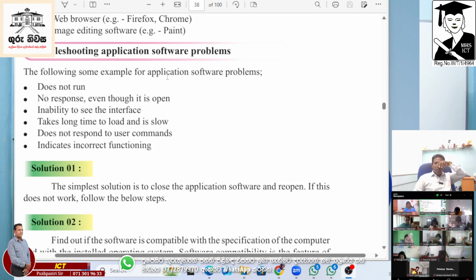Let's write this down: application software problems. So write down application software problem.